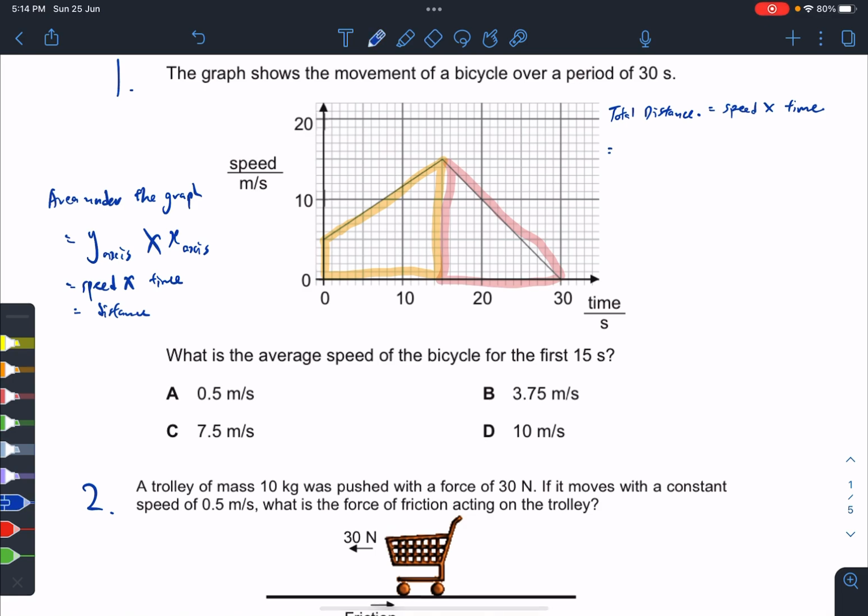It will be equivalent to (5 plus 15) divided by 2, times 15. This represents the orange segment. Then you add in the red segment, which is a triangle, so half times base times height.